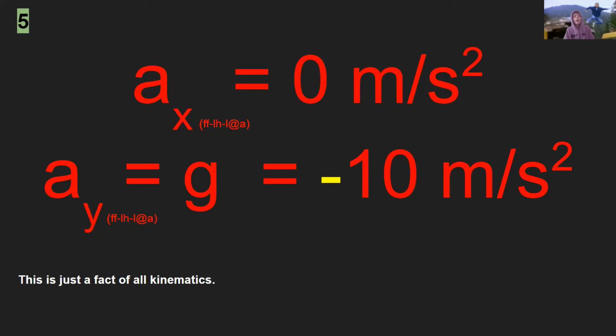In any of those cases, the acceleration in the x direction is always 0, which means that the velocity is constant in the x direction too. And then the acceleration in the y direction is always g, which is negative 10 meters per second squared.